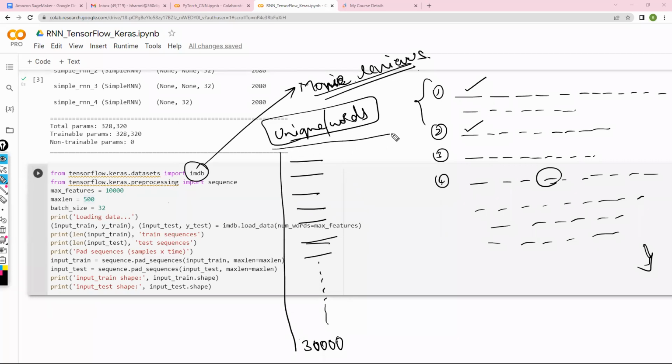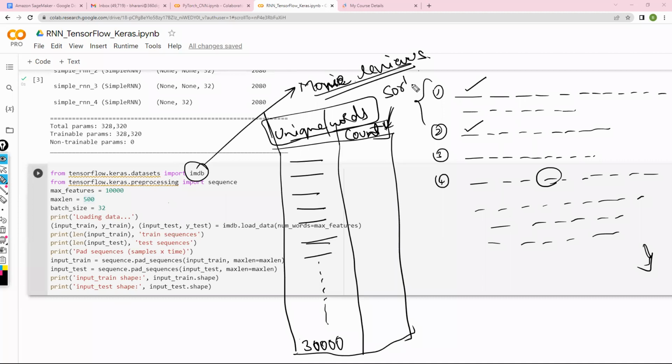So you'll have words, and then you'll have counts, and then sort this in descending order. Then you cut it off, saying that out of all these, I want to use only the top 1,000 words. So this 1,000 represents those words which have been used the maximum number of times.